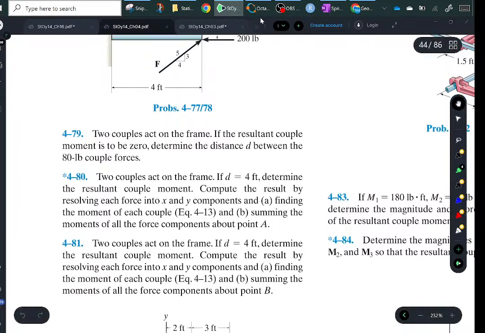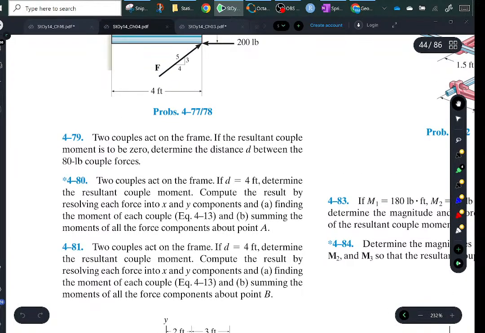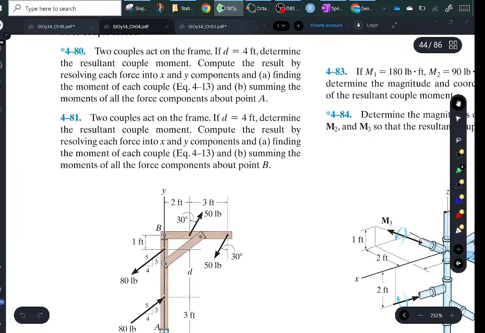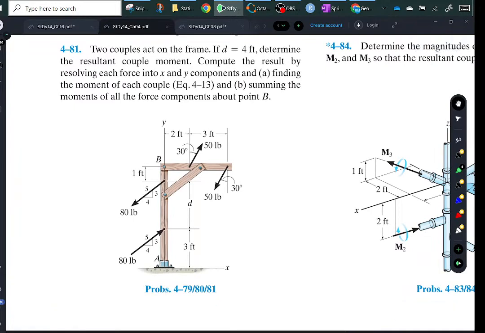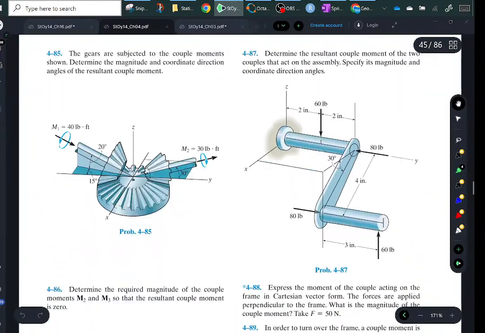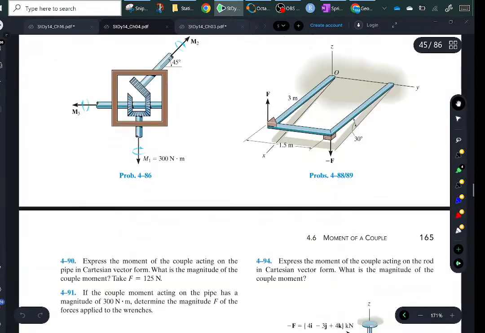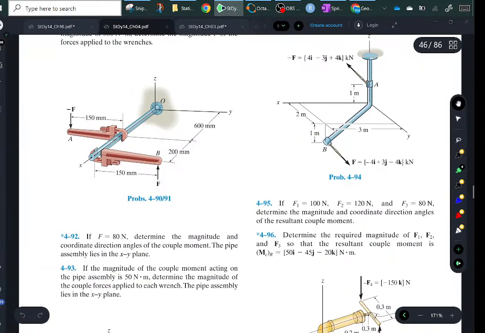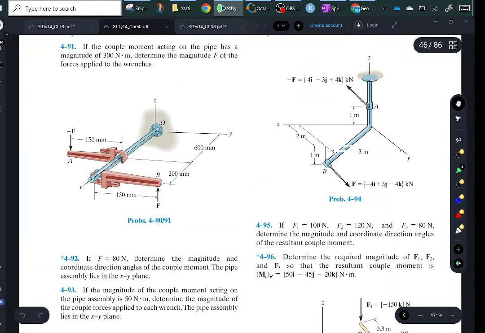Okay, so they're asking you to do it different ways. Determine the distance d between the 80-pound couples. Oh, okay. So he's leading you through the problem. That's the only reason he's doing that. So that's essentially it. That's all you're doing with these.